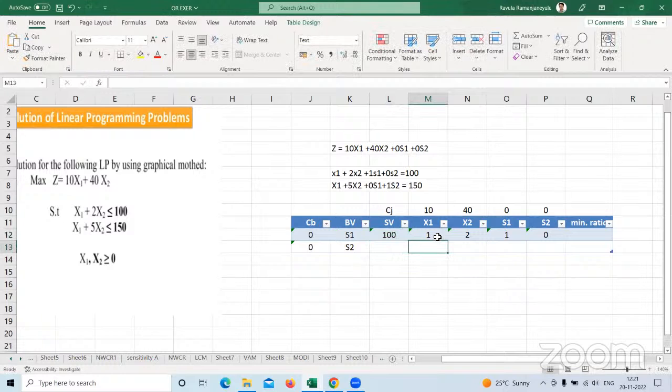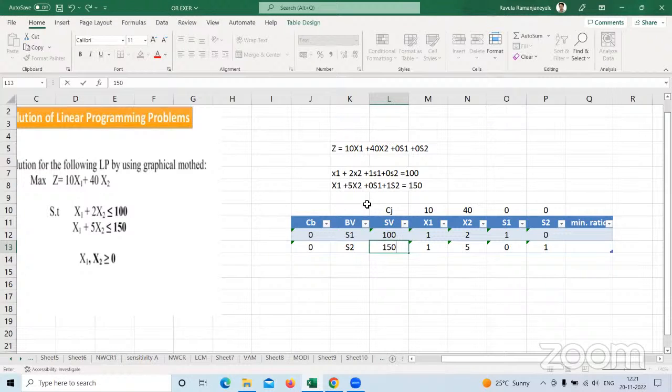Next. No, sir. Sure, thank you. Then the second equation: 1x1, 5x2, 0s1, 1s2 is equal to 150. This is actually the simplex table. We are taking all the coefficients of the constraints and the objective function.